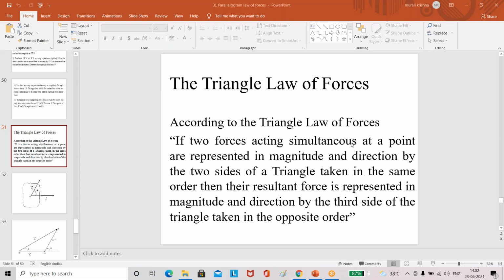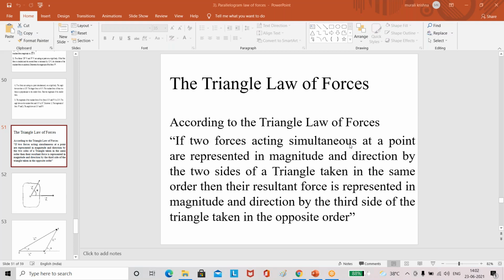First one is called graphical method. Next one is called analytical method or the method of projections. Like that, we have two methods to find out the resultant force of the coplanar concurrent force system.